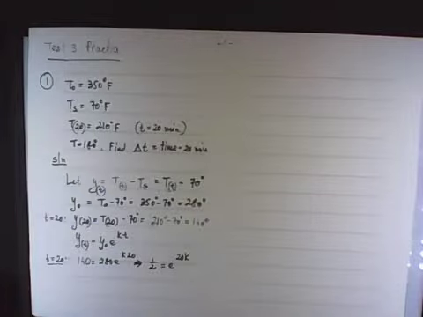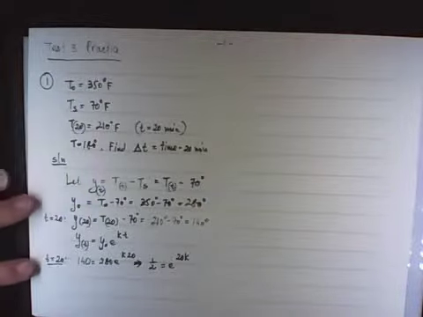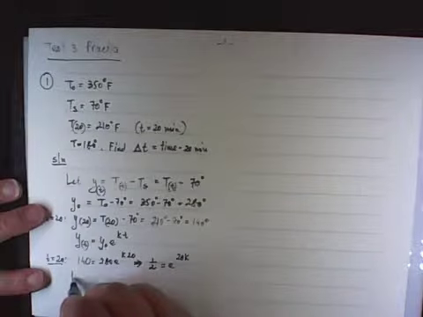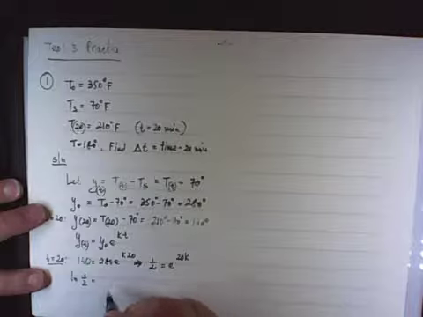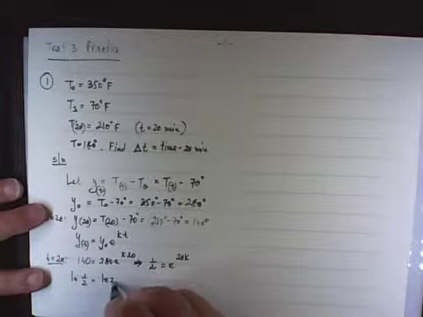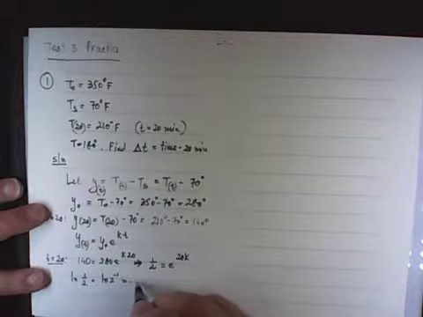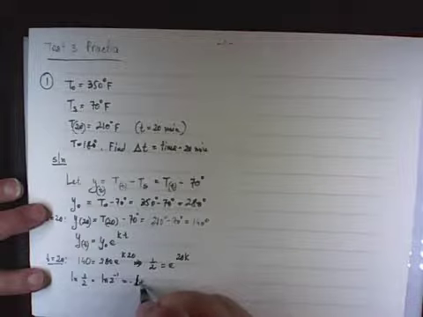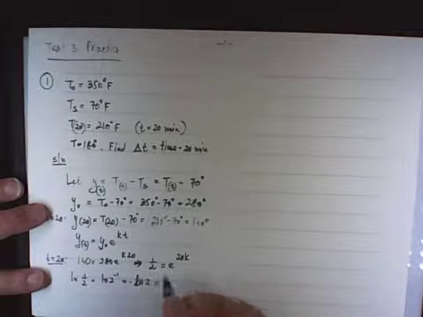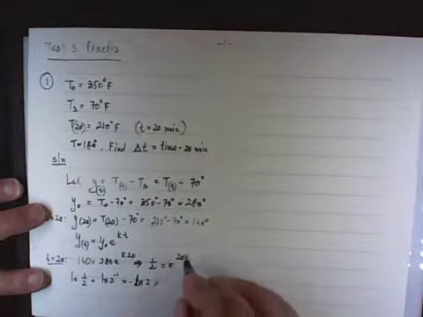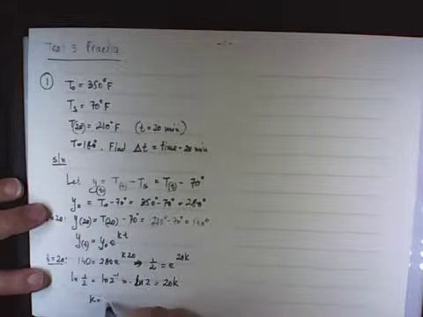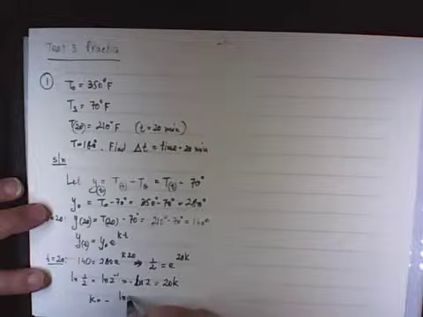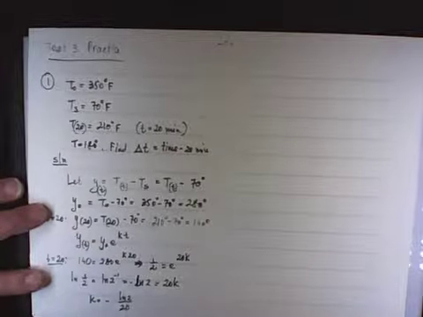The natural log of 1/2 is negative natural log of 2, right? Natural log of 1/2 is the same as natural log of 2 to the negative 1, which is the same as negative natural log of 2, and that's equal to the natural log of e to the 20k. So this is equal to 20k, and therefore k equals negative natural log of 2 divided by 20.